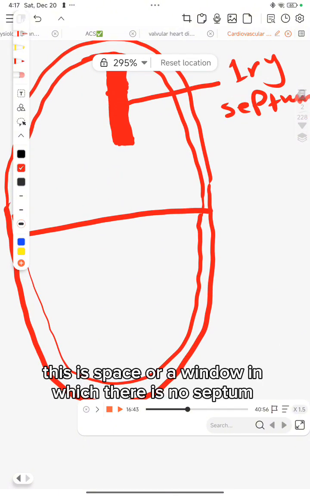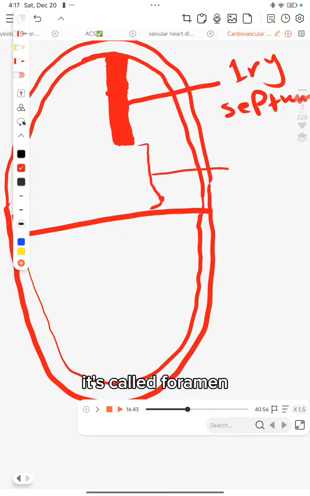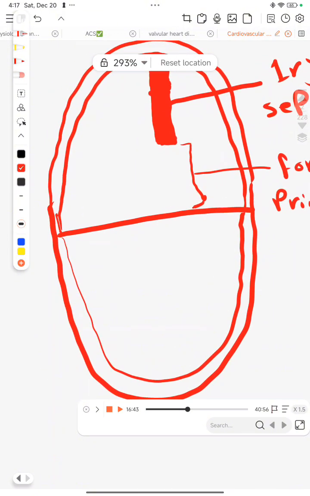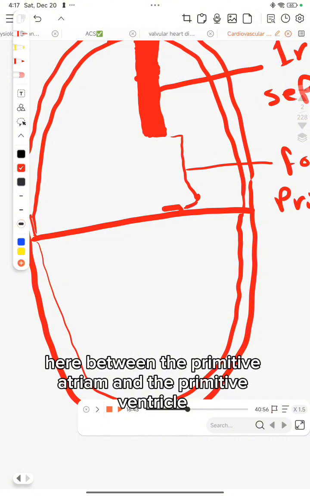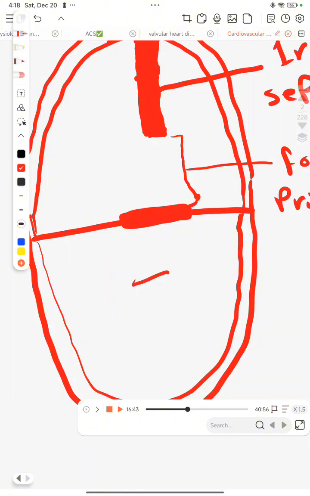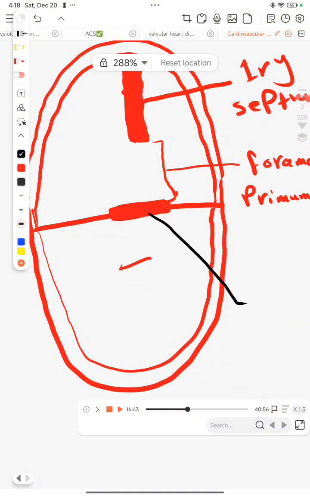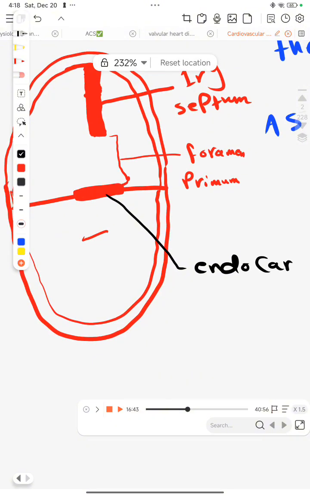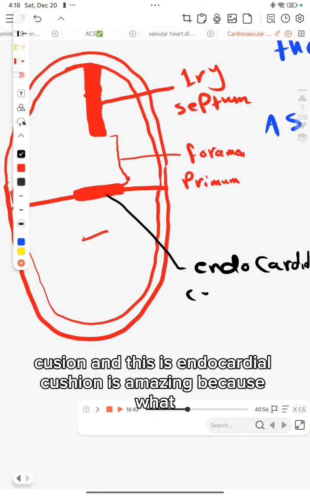This space or window in which there is no septum is called foramen primum. Here, between the primitive atrium and the primitive ventricle, there is what's called the endocardial cushion.